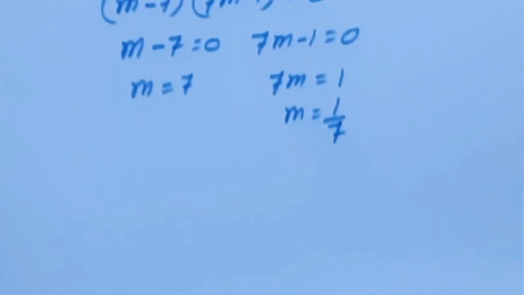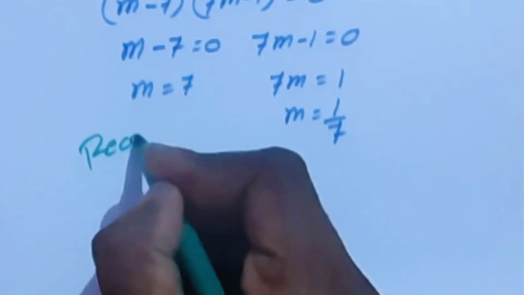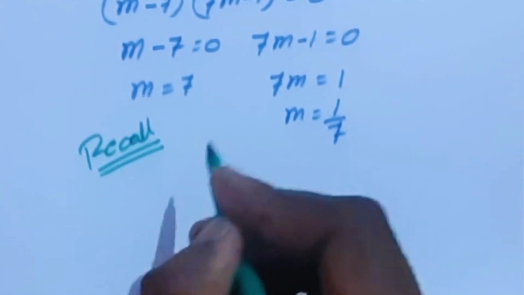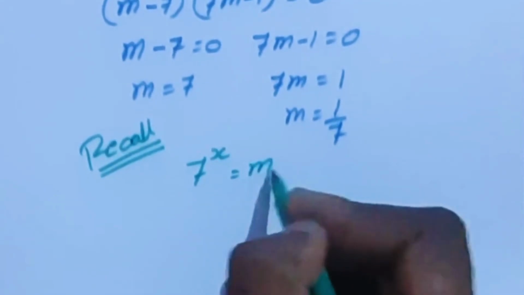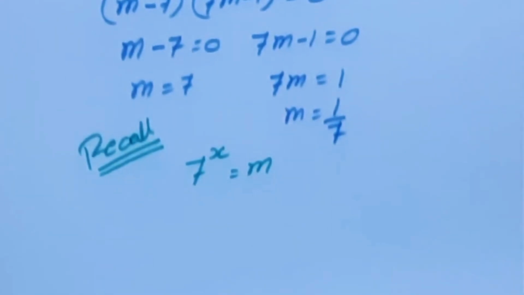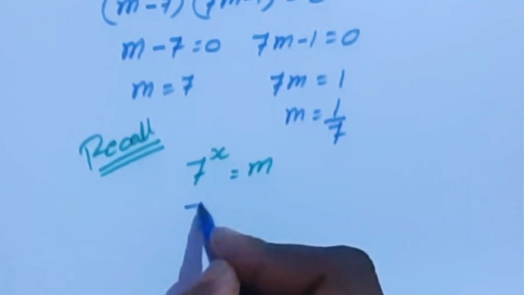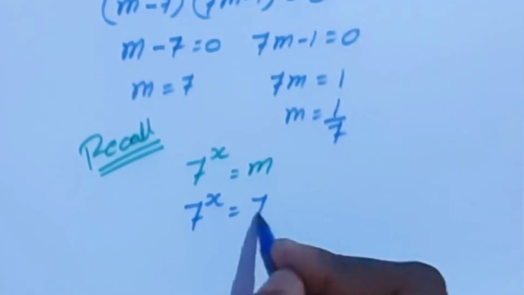Now recall 7 to the power of x equal to m. Now applying this m here, so we'll get 7 power x equal to m is 7.